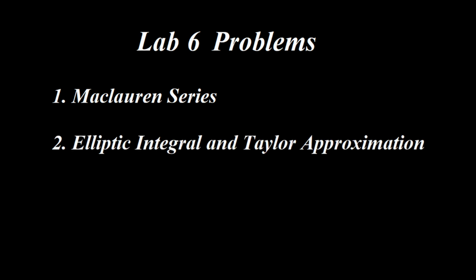Lab 6 will consist of 3 problems. In the first problem, you will be given a function and you will be asked to find a few Maclaurin series of different degrees and try to figure out how good the approximations are. In the second problem, you will be given a very complicated integral called the elliptic integral of type 1.